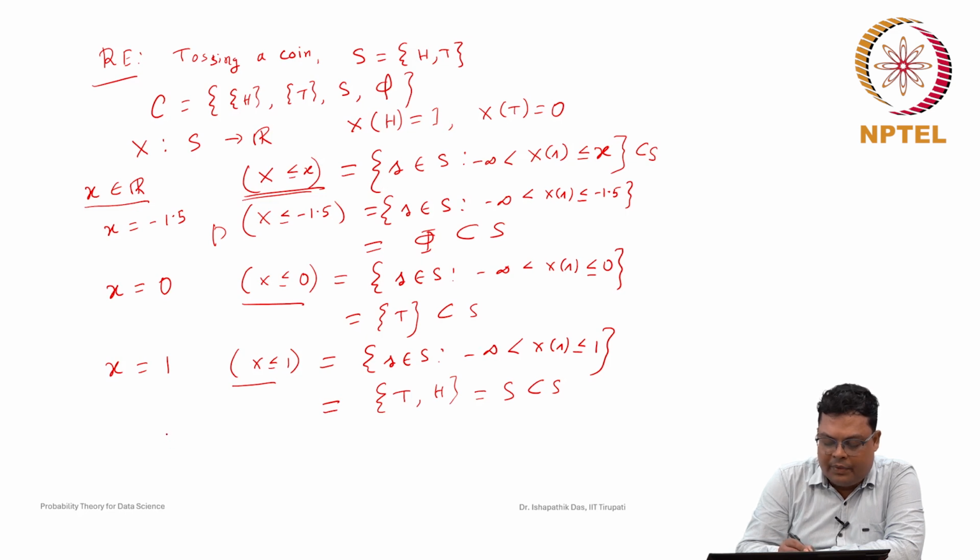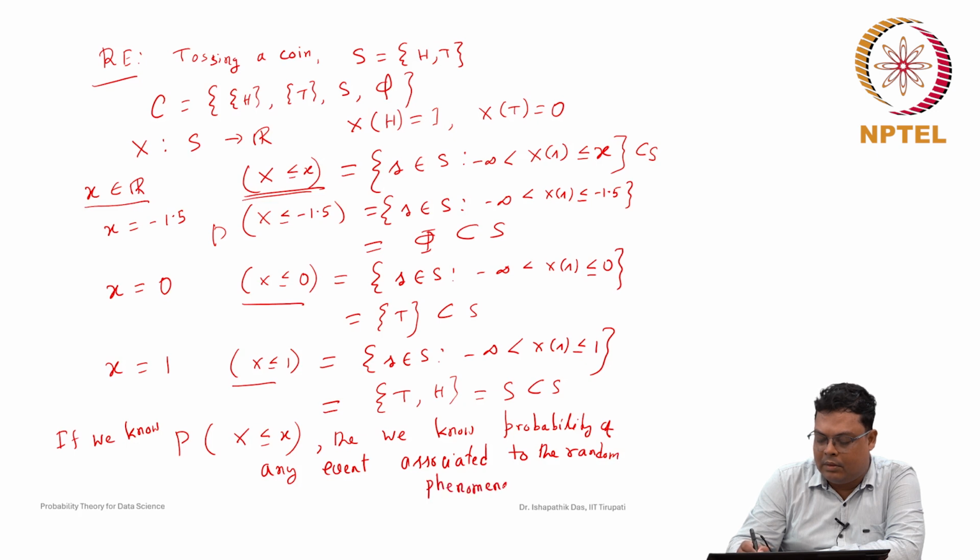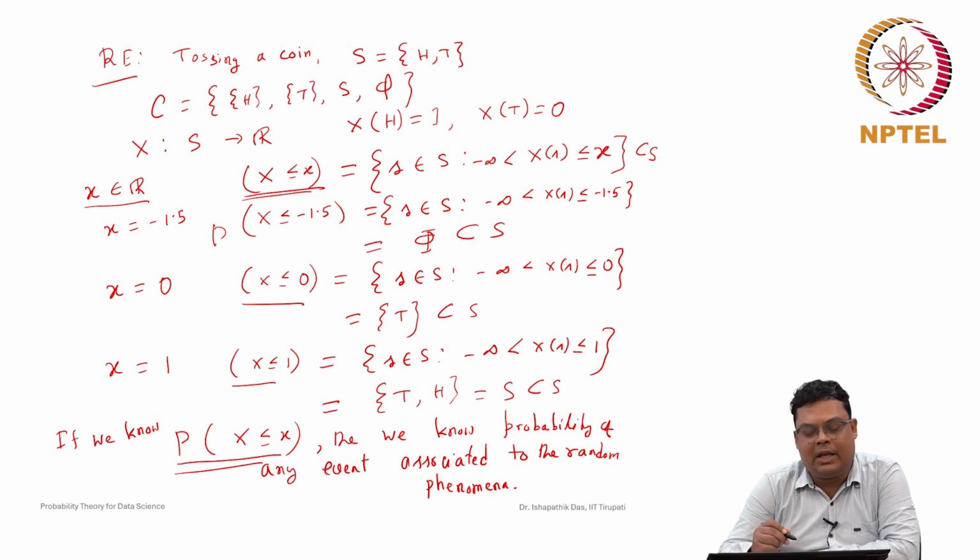if we know the probability of this kind of set, that means of events, then we know the probability of any event associated with the random phenomena.